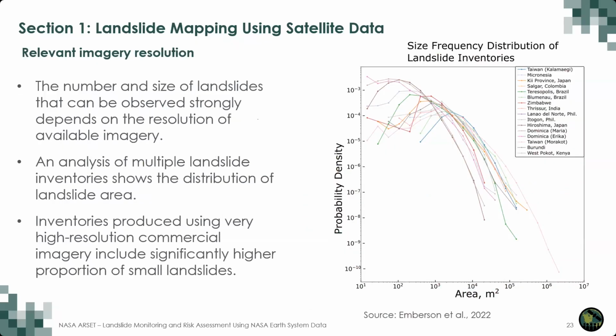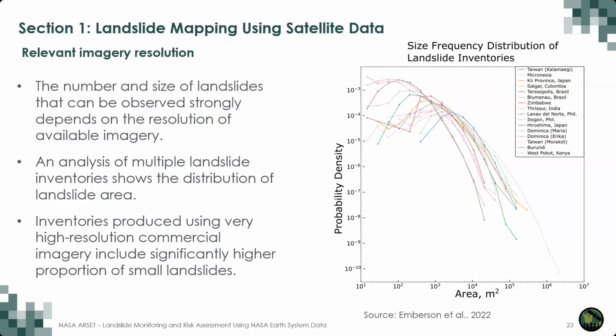Another characteristic of the imagery you can use to map landslides is the resolution of the imagery. We talked a bit about this in the first part of the training, but in more detail now. The number and size of landslides that you can observe is very dependent upon the resolution of the imagery that you're using. That should make common sense, but to illustrate this, using this figure here, we're looking at landslide inventories from a range of different locations around the world, mapped using a range of different imageries.